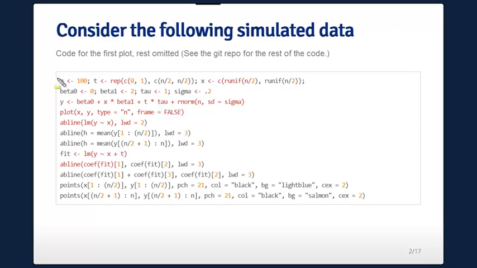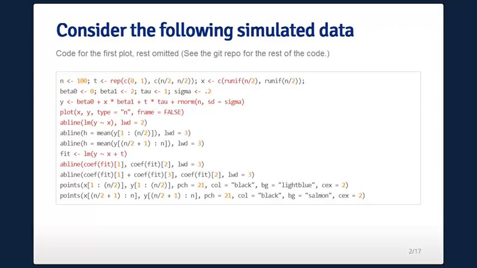Okay, so I'm going to set n of 100, and then t here is a kind of treatment effect.